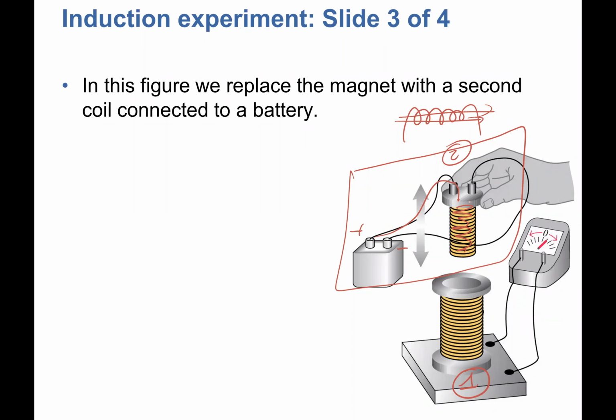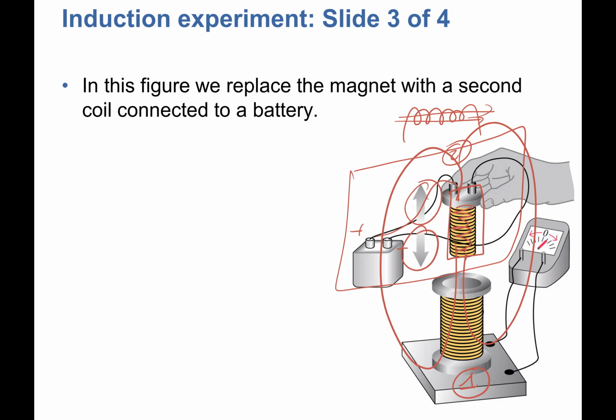You can think of this second coil as basically nothing but a solenoid, and there's a magnetic field, probably like this, from that second coil. What happens here is you're moving it closer to the first coil or away from the first coil.